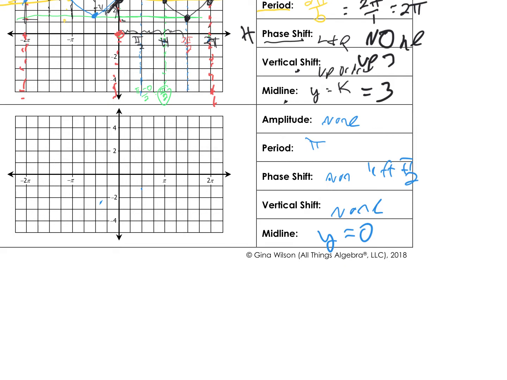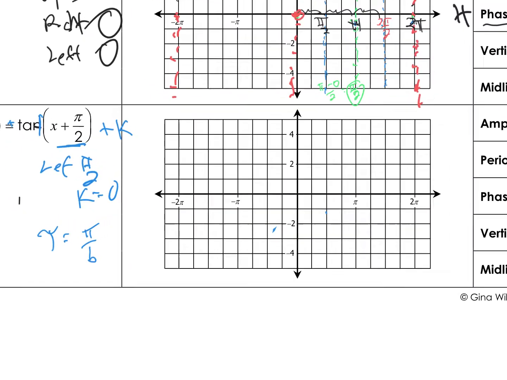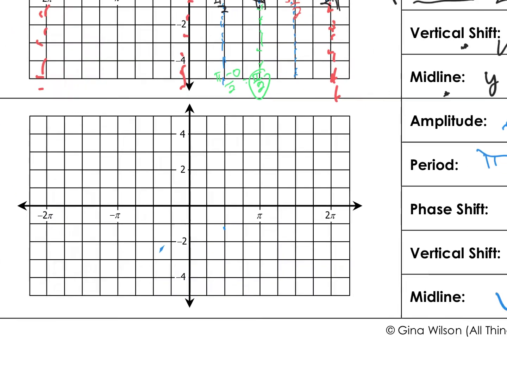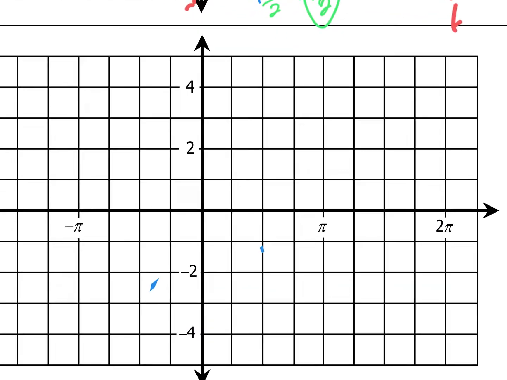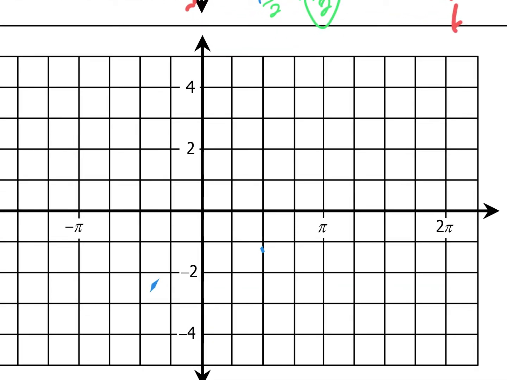So graphing, let me just spin you around. Graphing the original tangent. The original tangent, if you recalled, went from negative pi over 2 to pi over 2. Here was pi, right here. Half of that went from here to here. And as I recall, that period is pi because the period is always going to be pi divided by b. And if y was just the tangent of x, there's no phase shift in there.